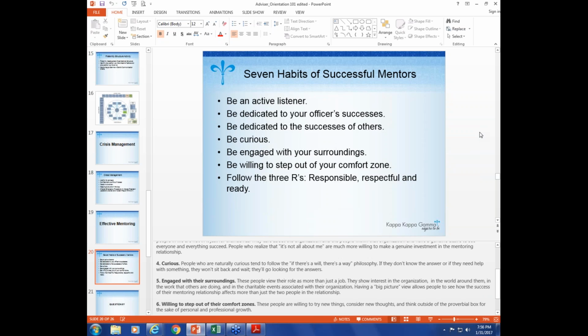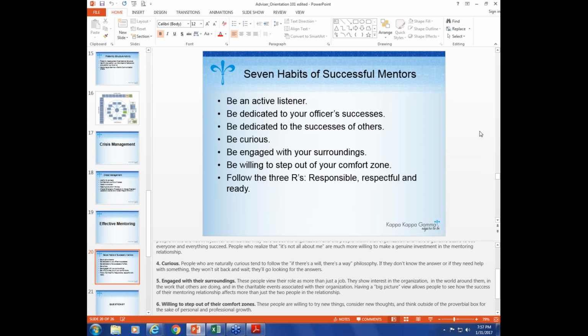Advisors usually view their role as more than just a job, and understanding not only the chapter but the big picture, the organization, how we fit in, what our philanthropies are, that will help your advisee see that you understand what's going on. Be willing to step out of your comfort zone.